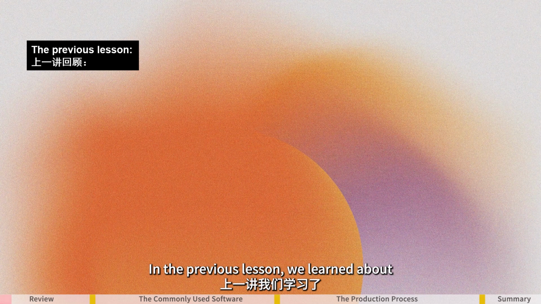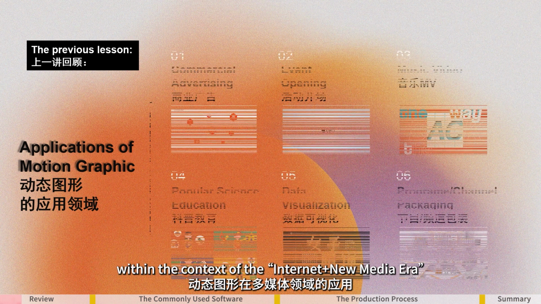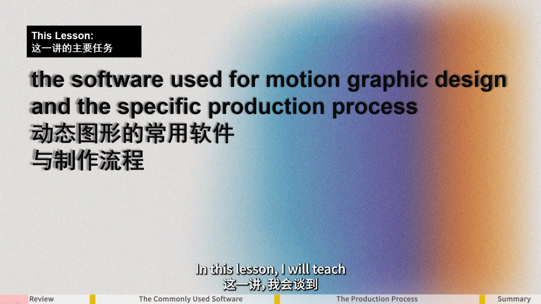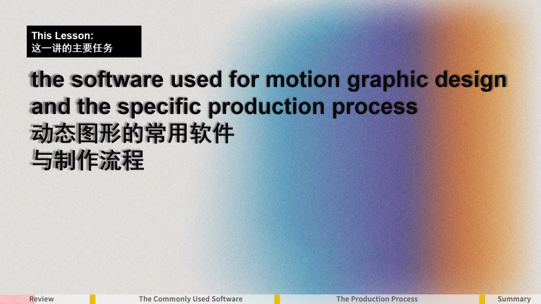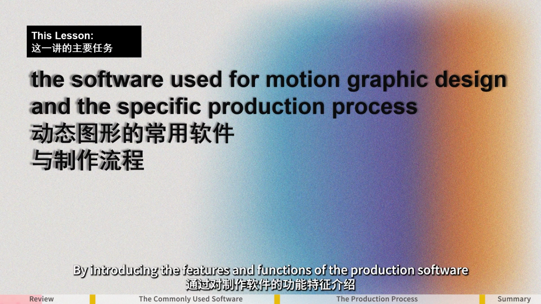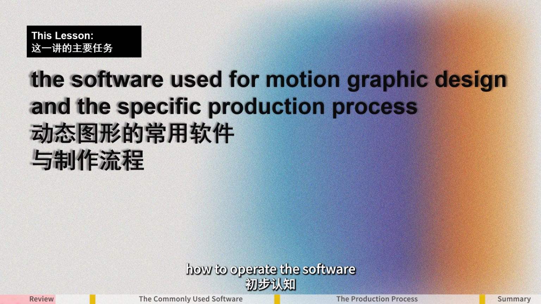In the previous lesson, we learned about the application of dynamic graphics in the multimedia field within the context of the Internet plus new media era. In this lesson, I will teach the software used for motion graphic design and the specific production process. By introducing the features and functions of the production software, we will establish a preliminary understanding of how to operate the software.